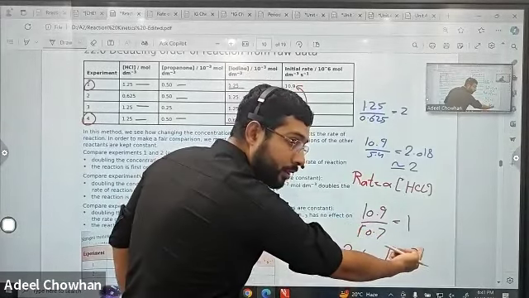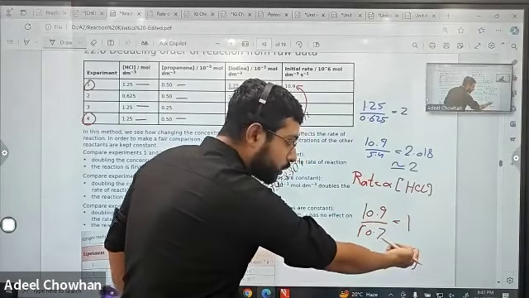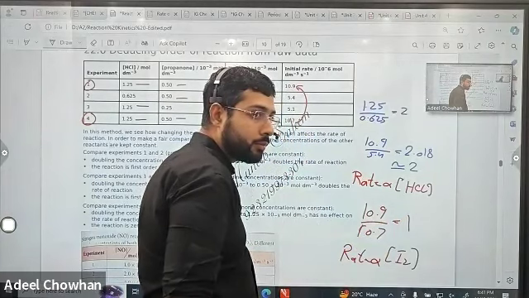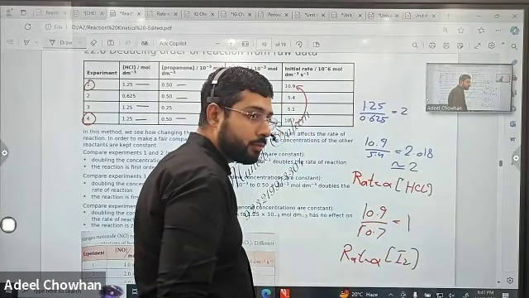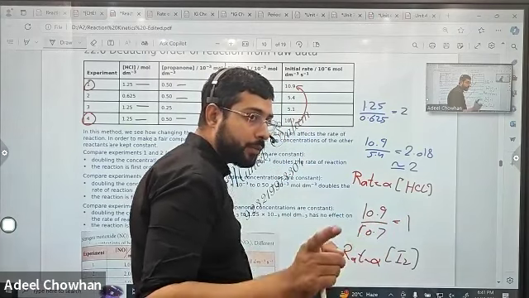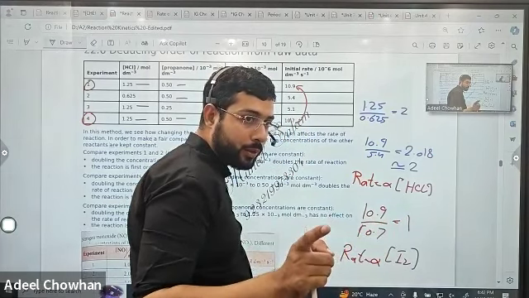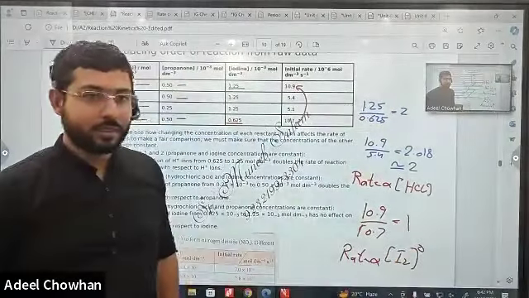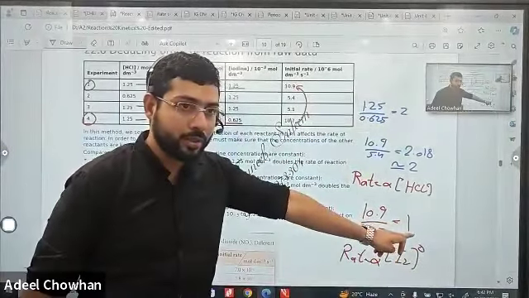To get a value of 1, what should be the order here? Anything having a power of 0 gives a value of 1. So it is 0 here. That's how you are getting 1 here.